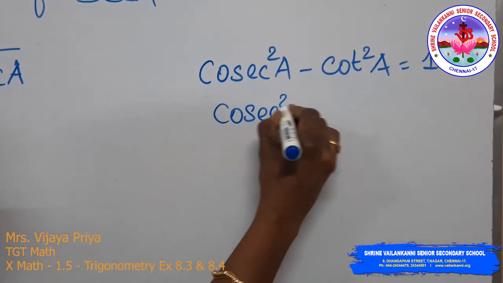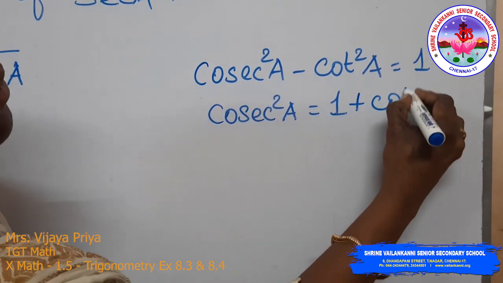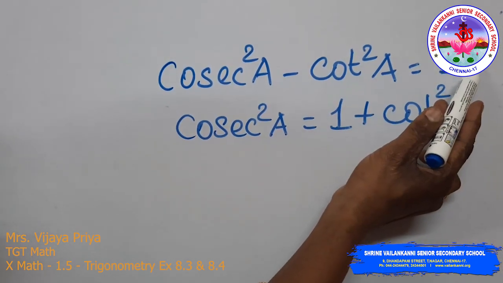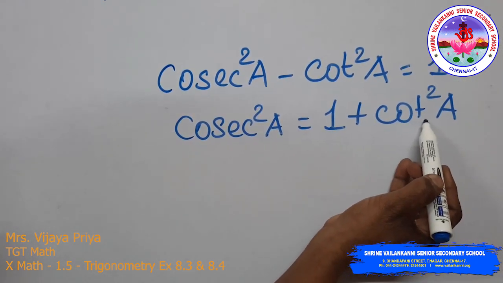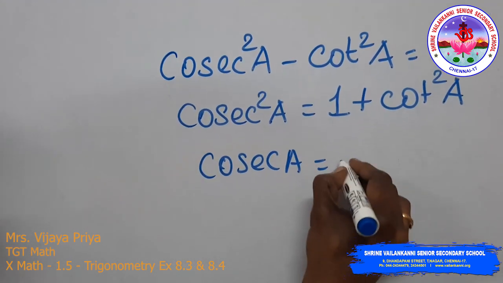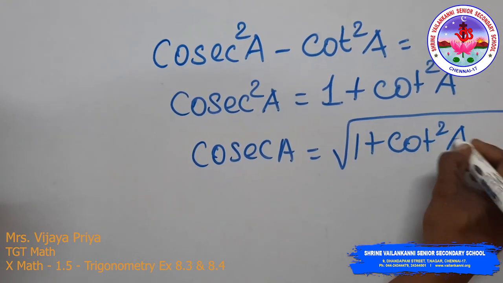Cosecant squared A is equal to 1 plus cot squared A, bringing minus cot squared A to that side, it becomes plus cot squared A. So cosecant A is equal to square root of 1 plus cot squared A.